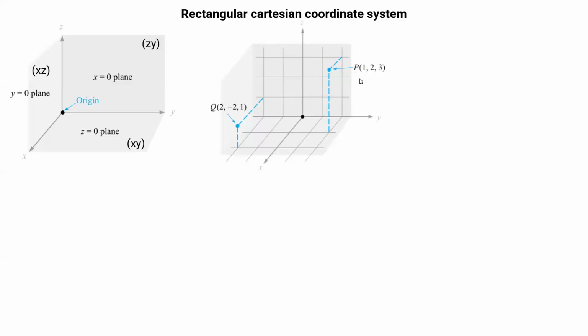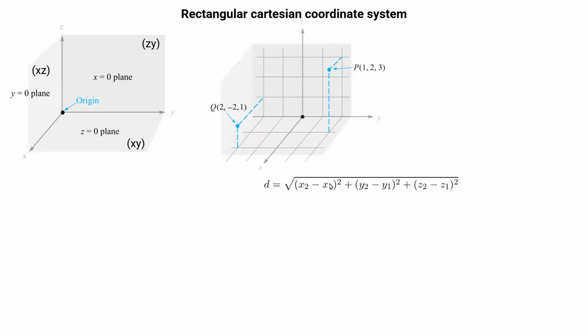Here, for example, the points P and Q with particular coordinates. Again, if I change my coordinate system, these coordinates will change, but this change doesn't change the point itself. This allows us to find the distance between the 2 points.